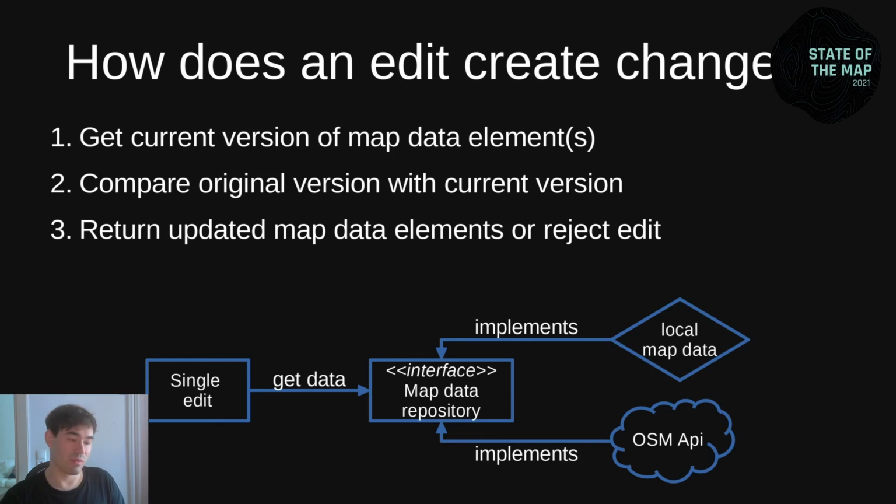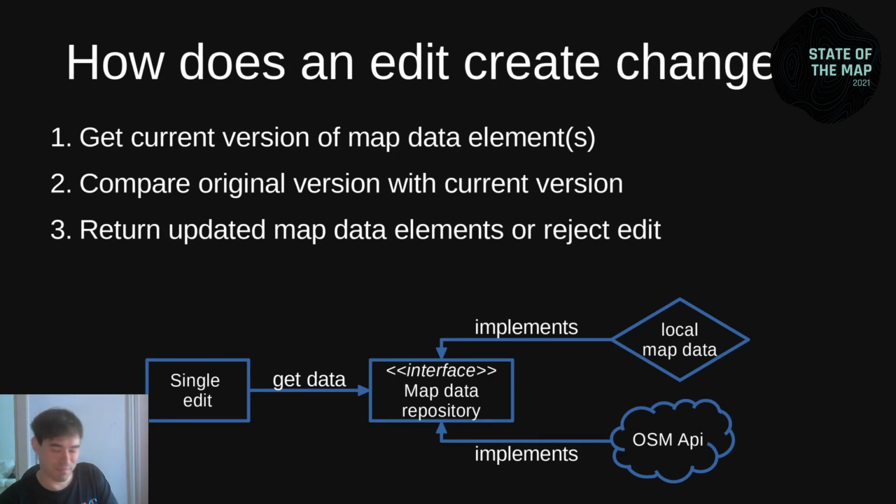And what will be done with these updated elements is up to the uploader or the local map data. So the local map data would just get those elements and put them into its local store, and the uploader would get those elements to upload them to the OpenStreetMap API.